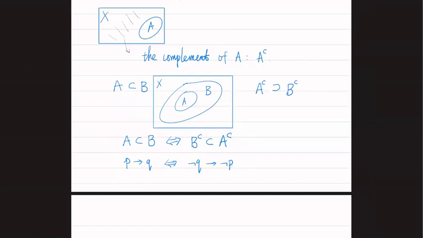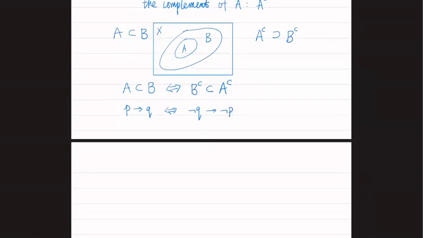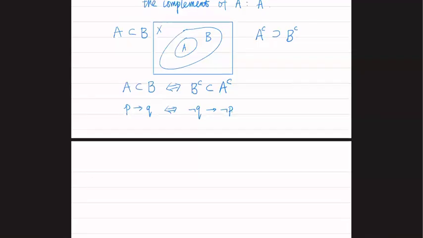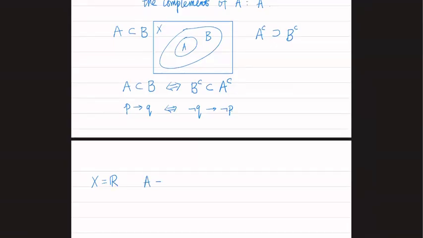So here I put this X over there. This is a very important but often omitted hypothesis. Let's see what this means. If X is all real numbers and A is the numbers X bigger than or equal to 0.